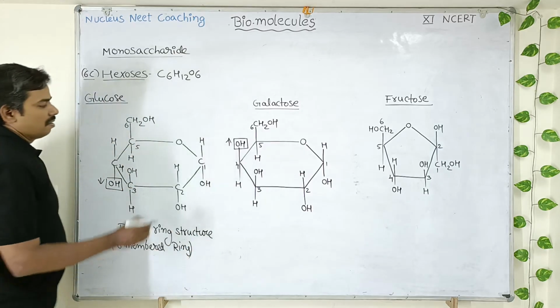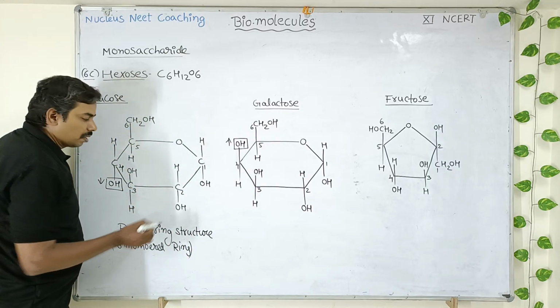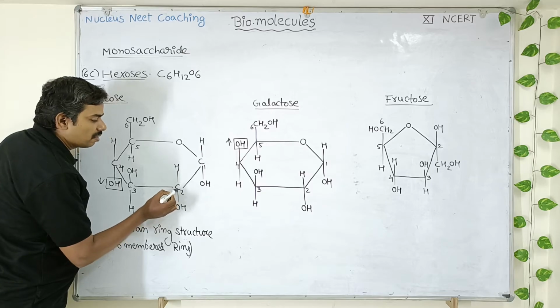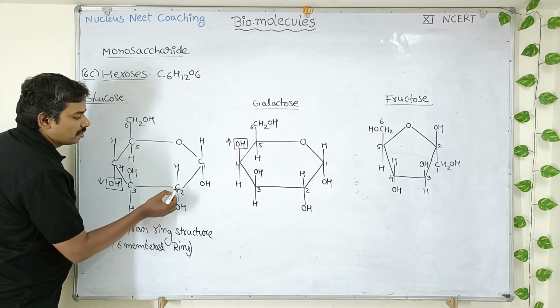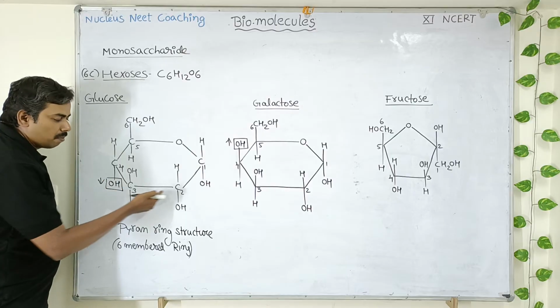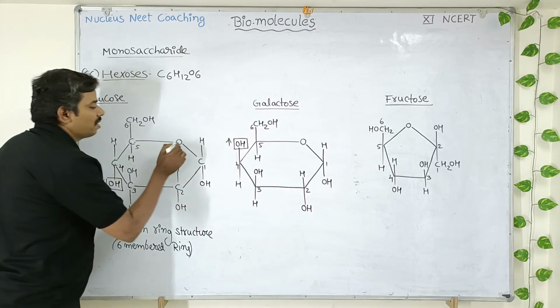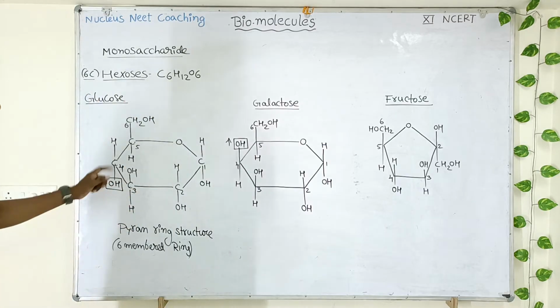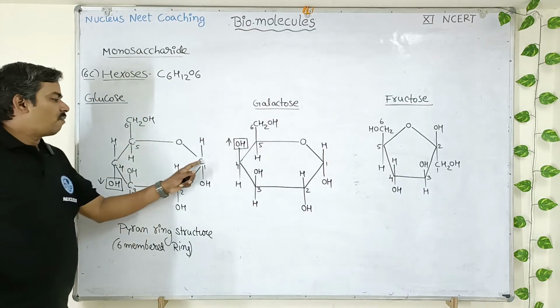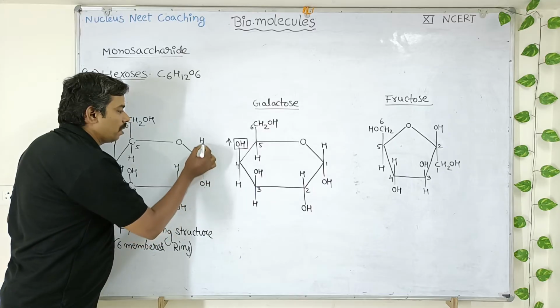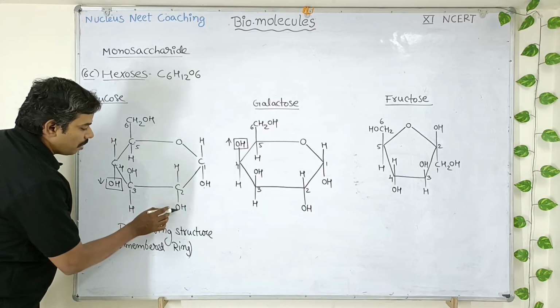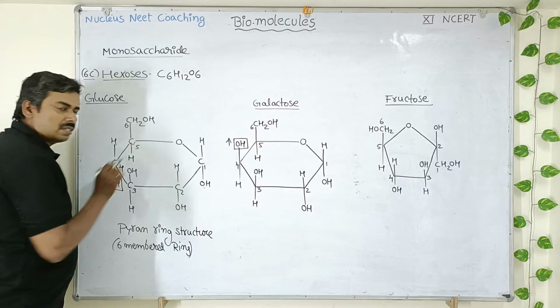Now look here, the first carbon is held with the second carbon by a bond. Second carbon is connected to third carbon by a bond. Third carbon with fourth, fourth with fifth, and fifth is attached to oxygen. This forms a pyran ring structure. Attached to the first carbon there is an OH group, H. Second carbon, OH group, hydrogen here.